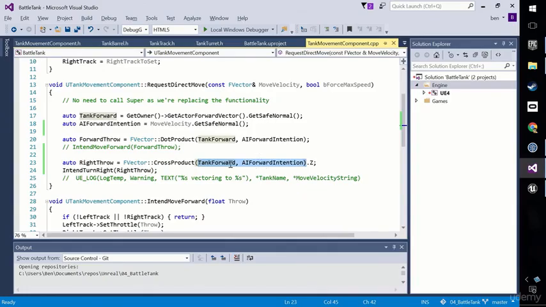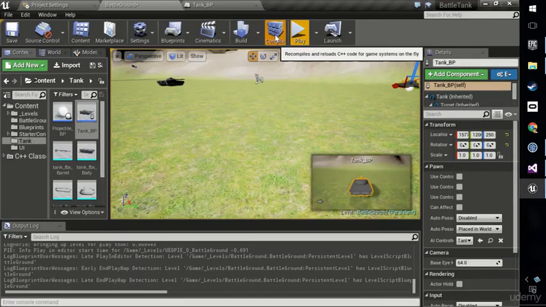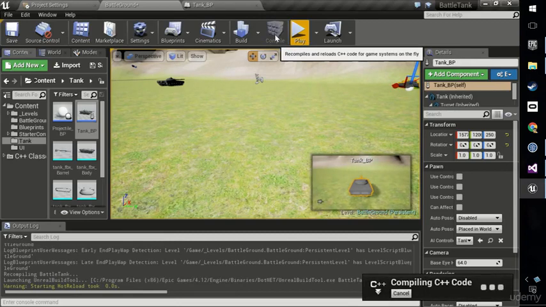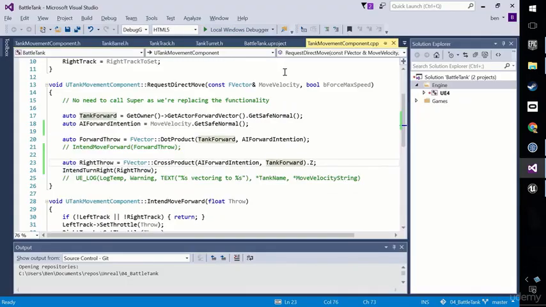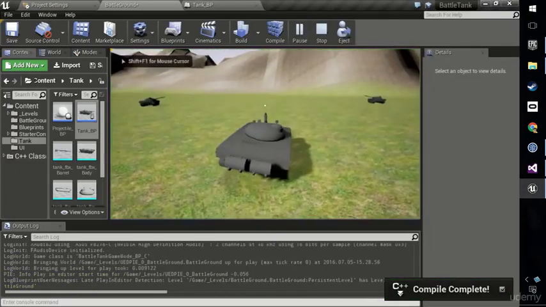Let's try doing it round the other way. Recompile. And then if it works, what we'll do just very briefly at the end is turn the forward movement back on and see what the total movement looks like. Okay, let's have a look now.